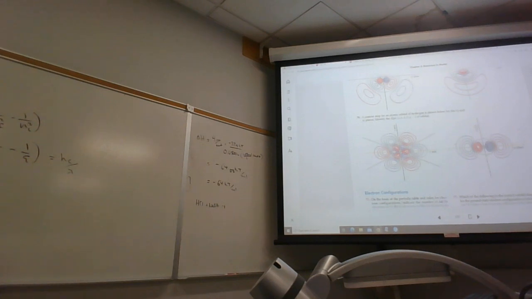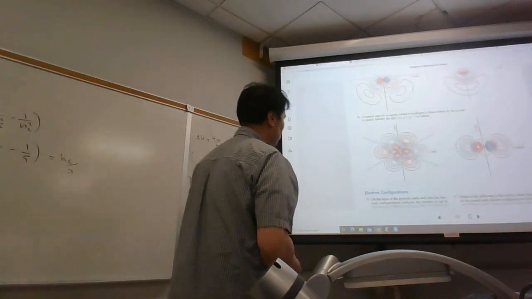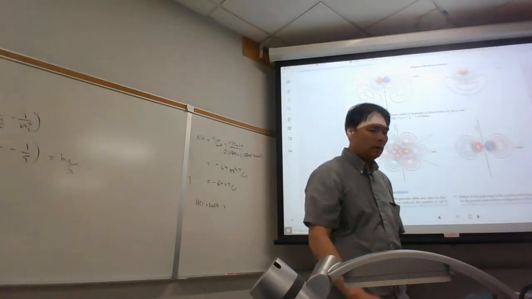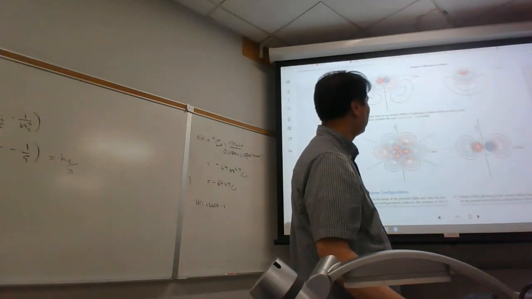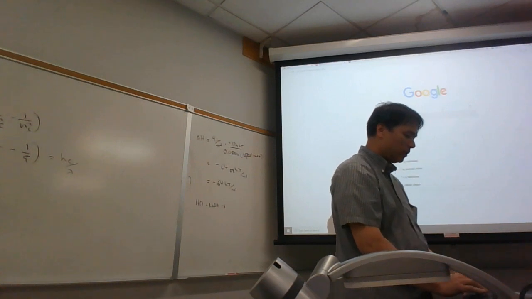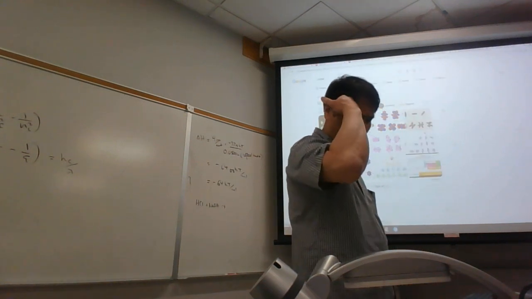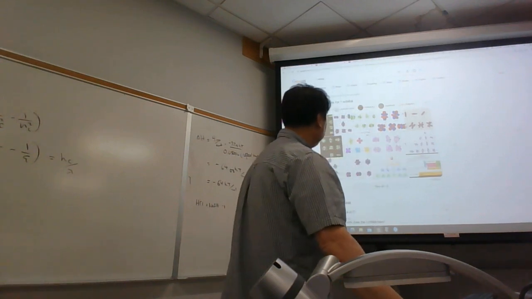Yeah, 4F is the first F, and then 5 would be the first G. But we know what F orbitals look like. They had a figure in the book, or we could just go online and look at F orbitals. When you do homework, all resources are available, not just the book, but anything is available.